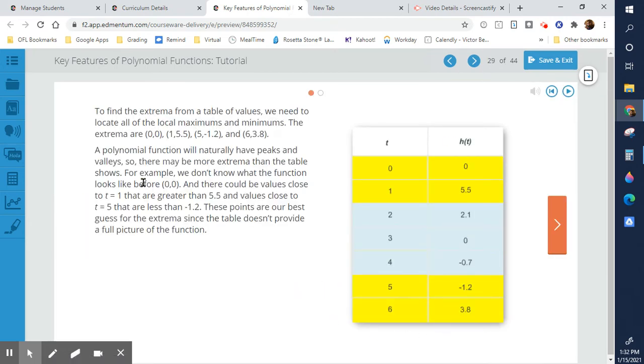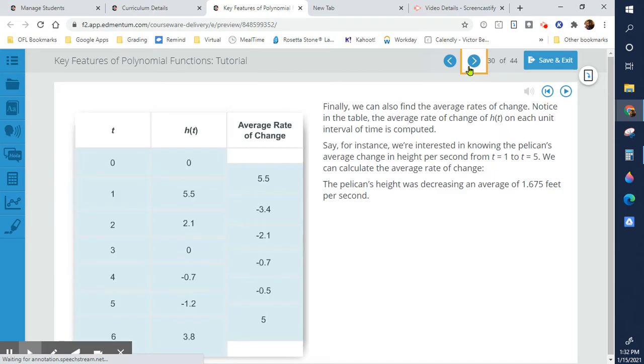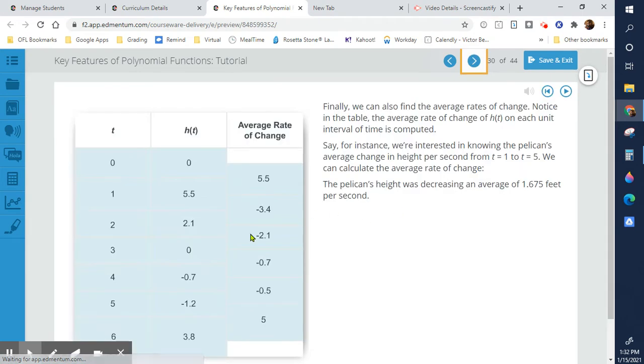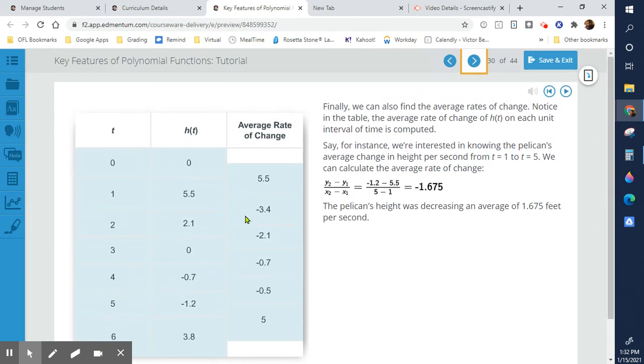Find the extrema, our highest point and our lowest point. And this one, average rate of change. We're saying the change between these two is y2 minus y1 over x2 minus x1. That's what we're doing on this slide.